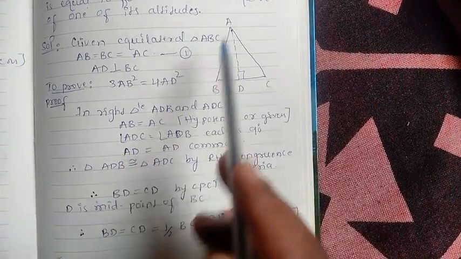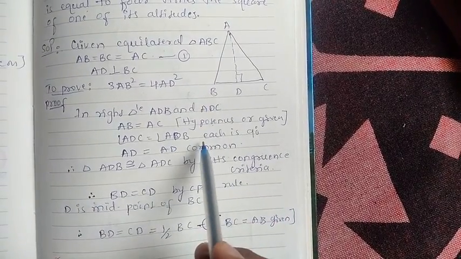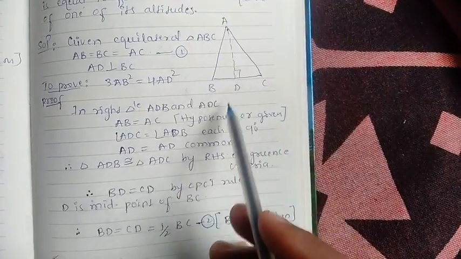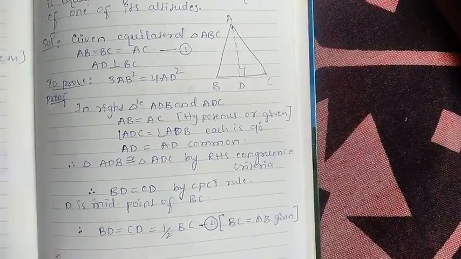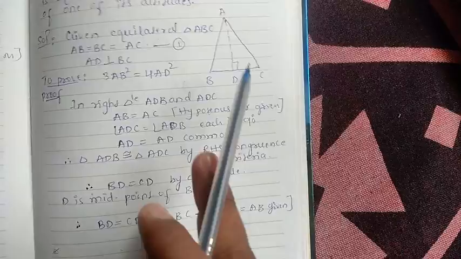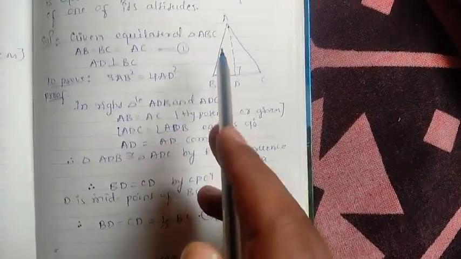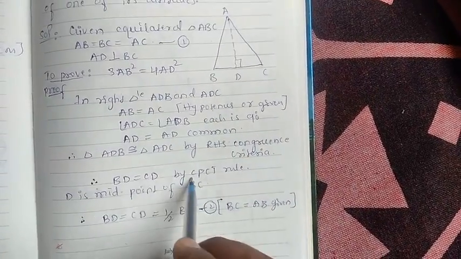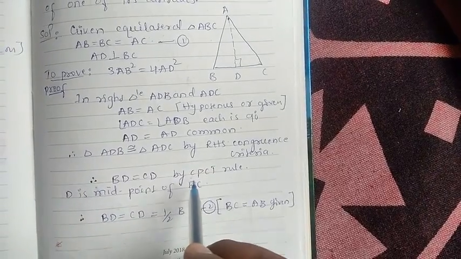Angle ADC is equal to angle ADB because each angle is 90 degree. Then AD is equal to AD because AD is common to both right angle triangles. So triangle ADB is congruent to triangle ADC by RHS congruence criteria. Correct. So these two triangles are congruent, means you can say that BD is equal to DC by the CPCT rule, corresponding parts of congruent triangles.